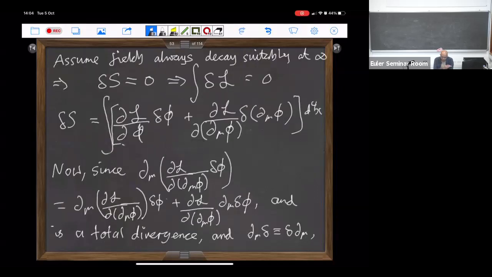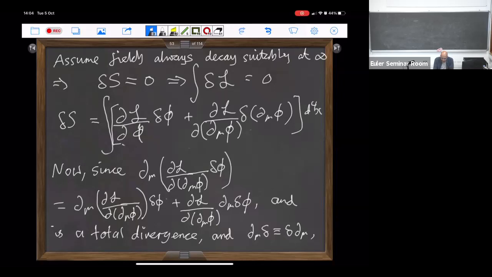So the action principle, if you like, is that the variation of the action should be zero, which means the integral of the variation of the Lagrangian should be zero. So that gives us two types of terms.